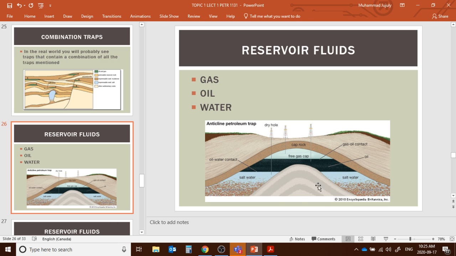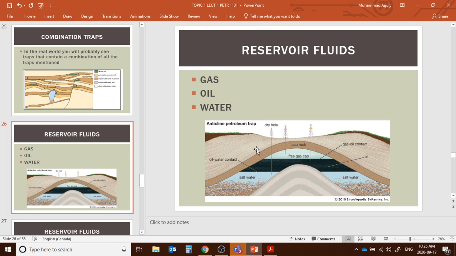For instance, this is a salt dome, this is the anticline, and here is the cap rock that sealed off the top and acts as a trap. Now, inside the reservoir, the fluids are layered due to density change.